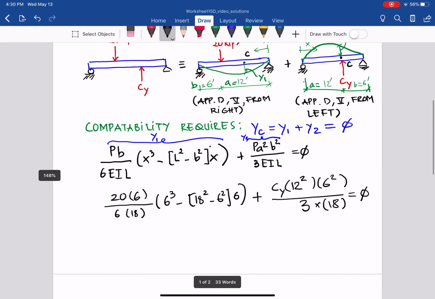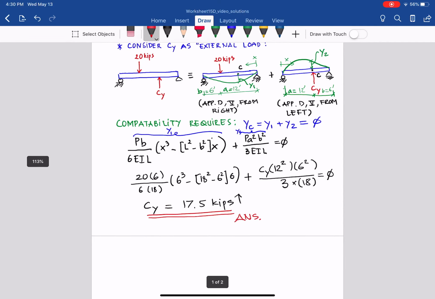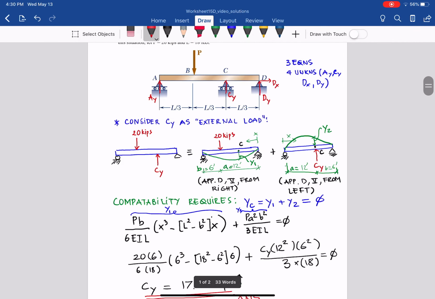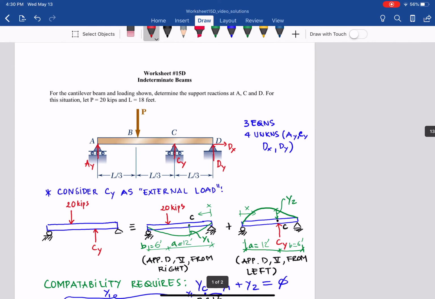And from this equation we can find out C_Y equals 17.5 kips going up. One equation, one unknown. So C_Y now, go back to the statics. We have three equations, three unknowns now, so we can solve.